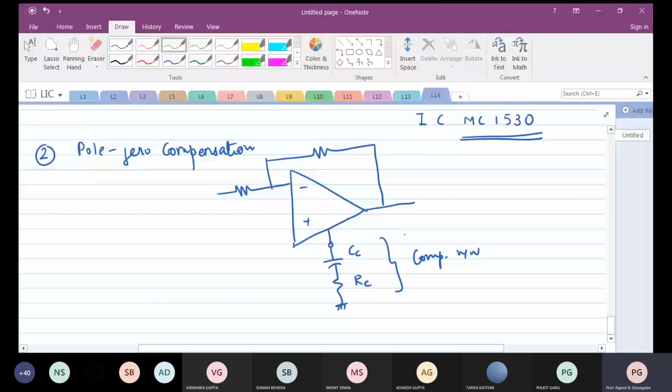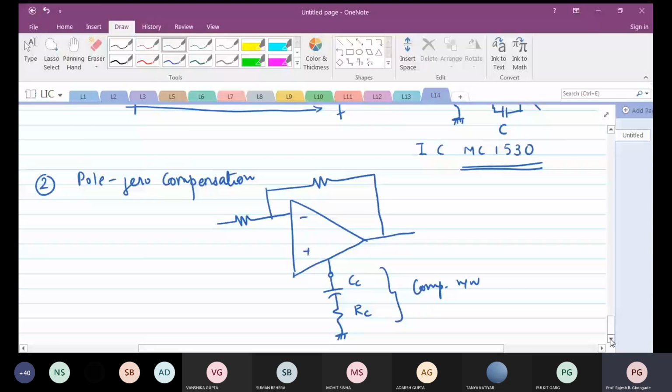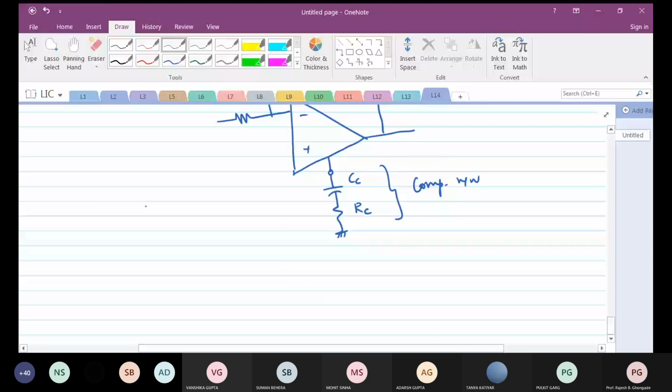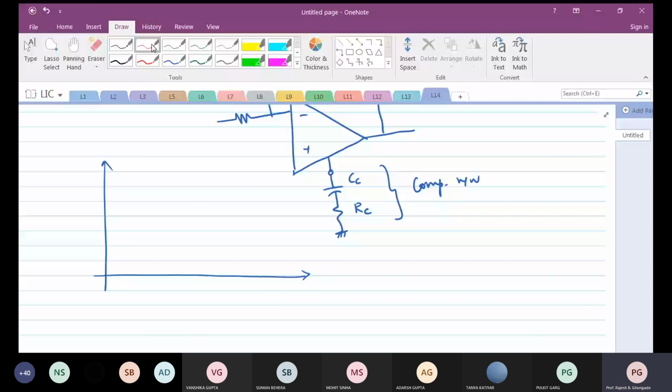And this can compensate for the frequency. If you look at the frequency response, this was the uncompensated one, and by addition of this CC and RC, what we are doing is we are making the response like this.